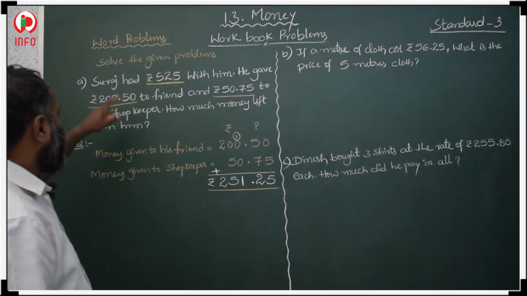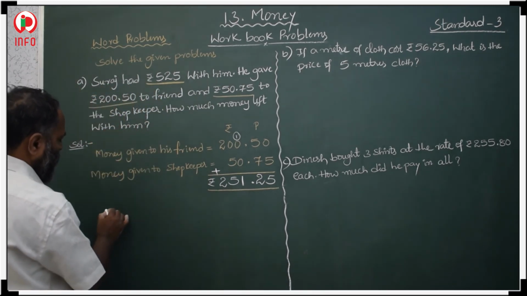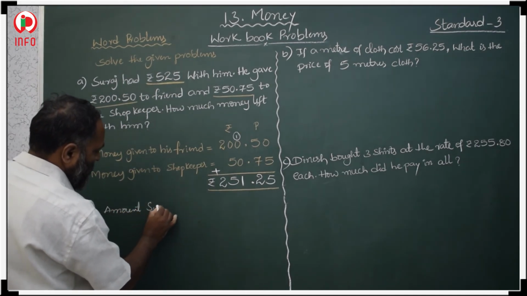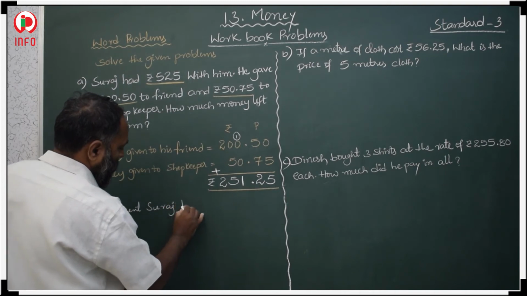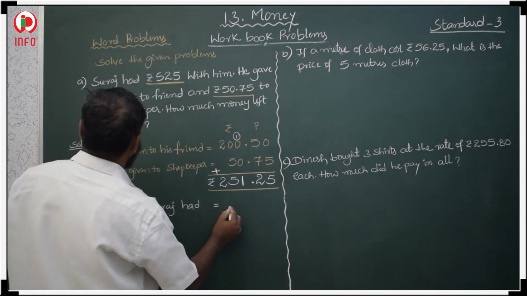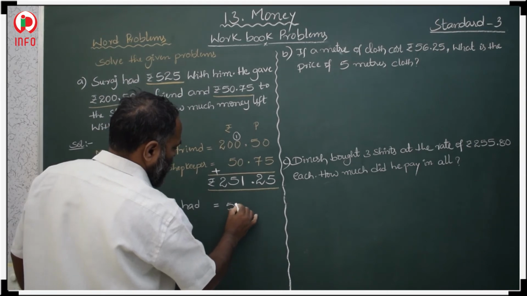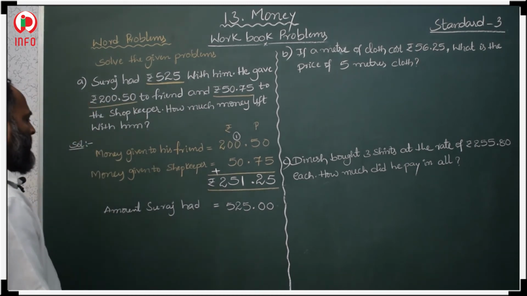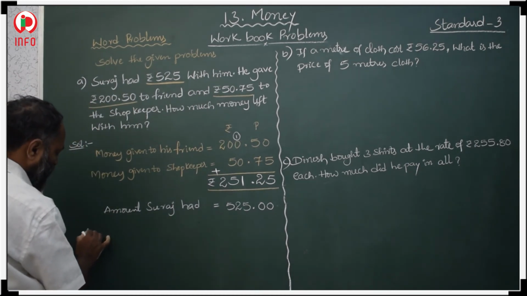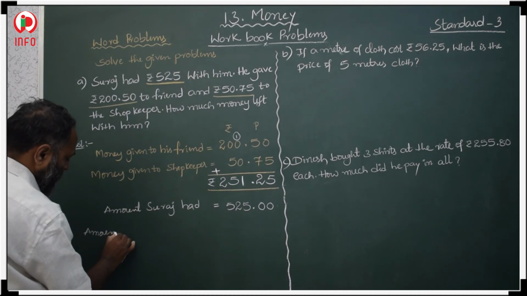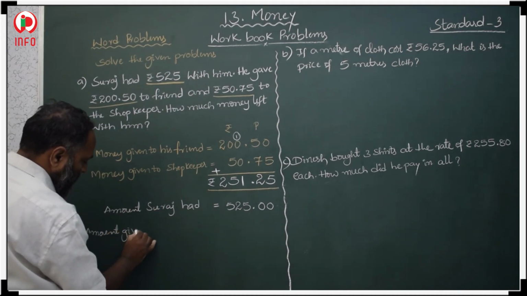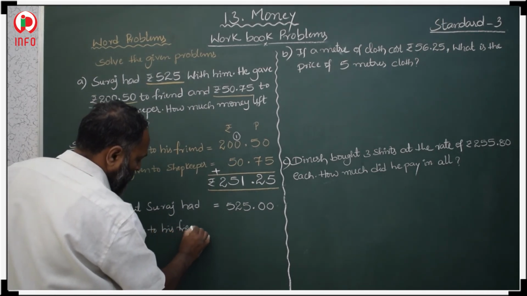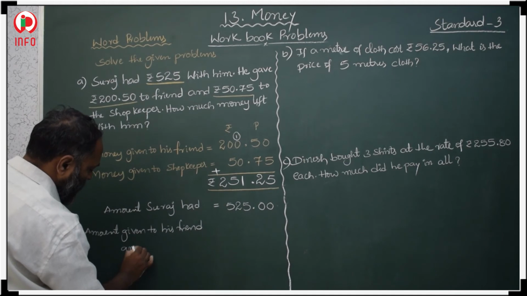Then the amount, how much amount is he having? The amount Suraj had. How much money is he having? That is 525 rupees. There is no paise, means 0, 0 paise. Then the amount given to his friend and shopkeeper.